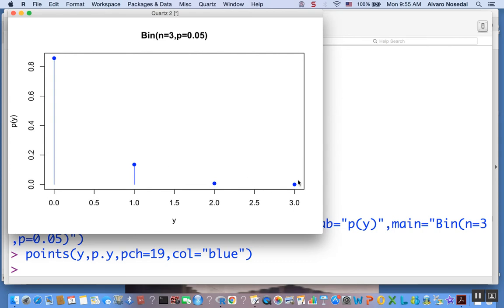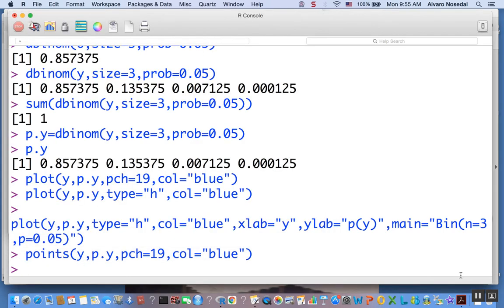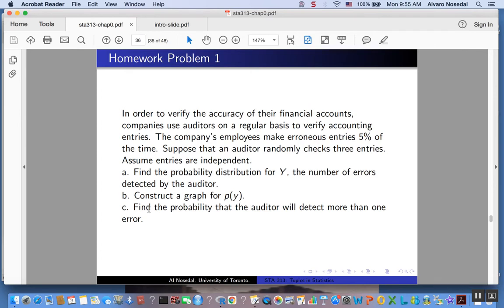Okay, so that's a graphical representation of the probability mass function of a binomial with parameters n equals 3, p equals 0.05. Okay, so let's do the next part, which is finding the probability that the auditor will detect more than one error, right?